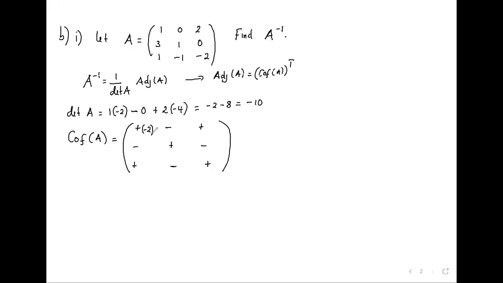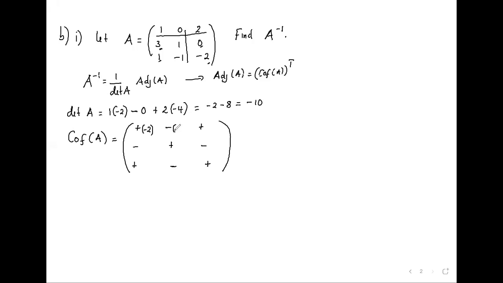The next number, we remove the column and the row and get the determinant of the remaining numbers. So 3 times -2, we get -6. Minus 1 times 0, that is 0.